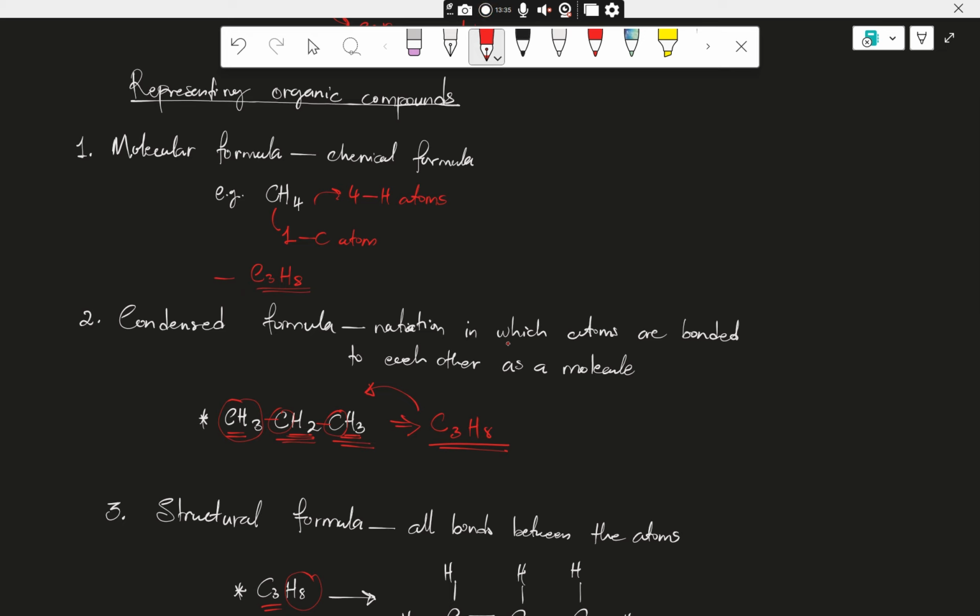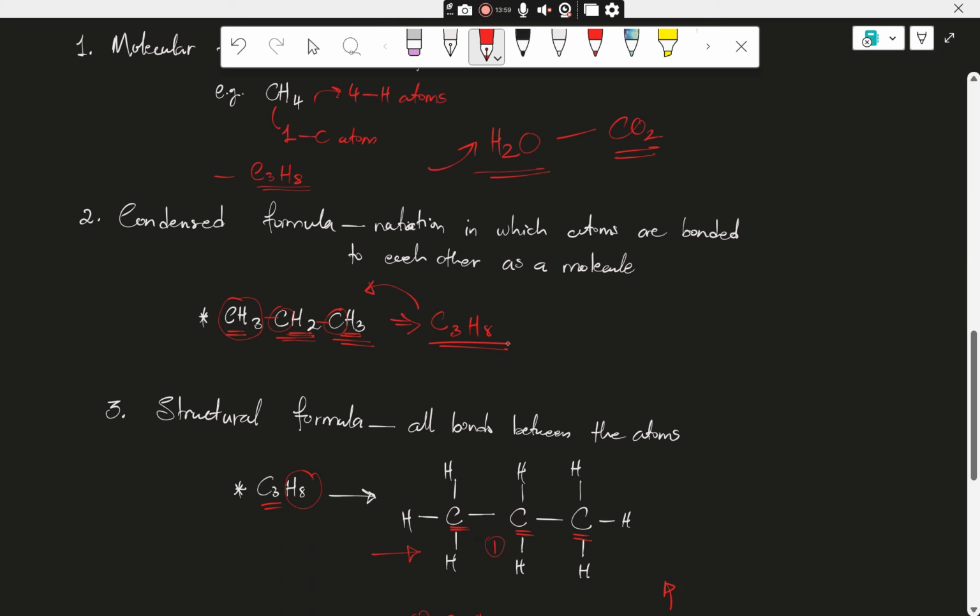We'll get to the other ones. We have the molecular formula, which just shows you how many atoms we have in there. For example, H2O, CO2. Those are called molecular formulas.